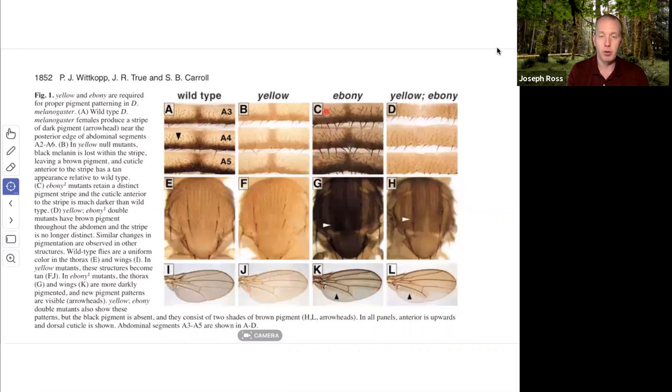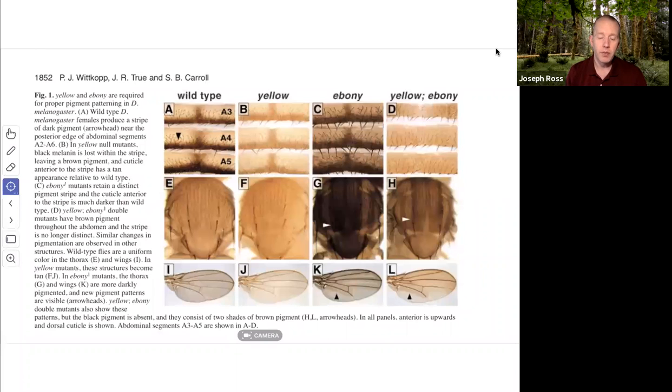There's more pigment produced. There's less of the DOPA that turns into a yellowish pigment. It's all shunted into the melanin producing pathway. So those are some examples of how these proteins work to process DOPA and produce pigments in the wings and the body of the fly.